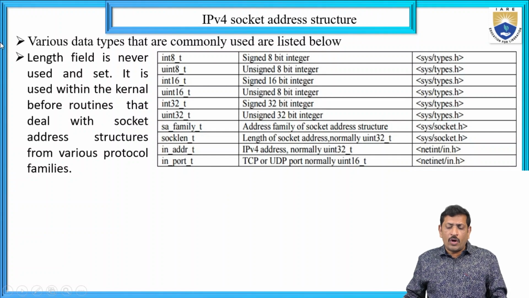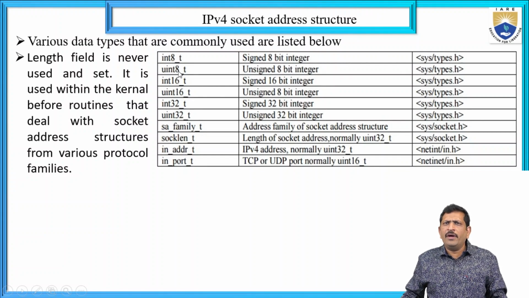In IPv4 socket addressing, various data types that are commonly used are listed below. Generally, in IPv4 and IPv6 communication using socket addresses, we use these data types. int8_t means signed 8-bit integer.